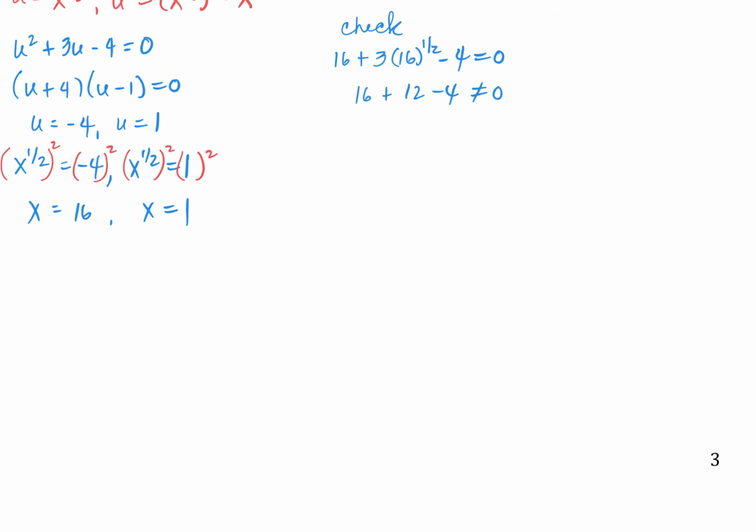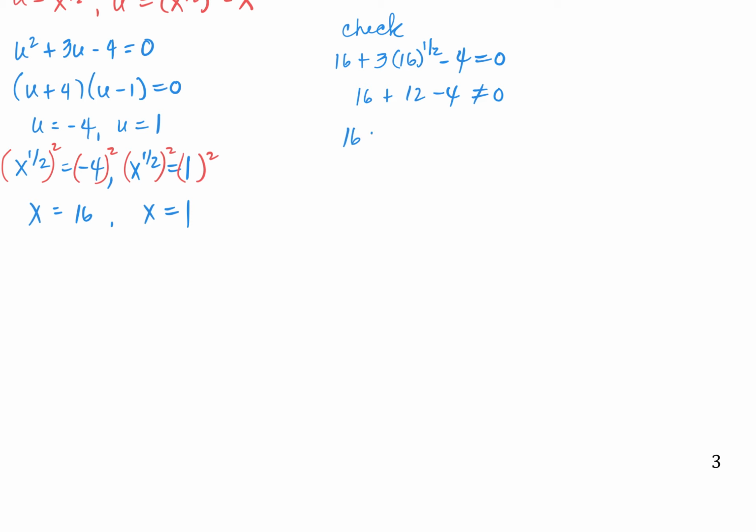If we put in 1, we'll have 16 plus 3 times 1 to the 1/2, which is simply 1, minus 4. Oh, 16. Why did I put 16? Autopilot. It's going to be 1 plus 3 times 1 to the 1/2 minus 4. Is that equal to 0?